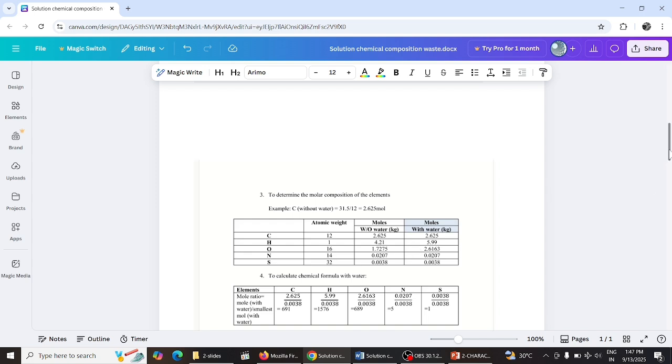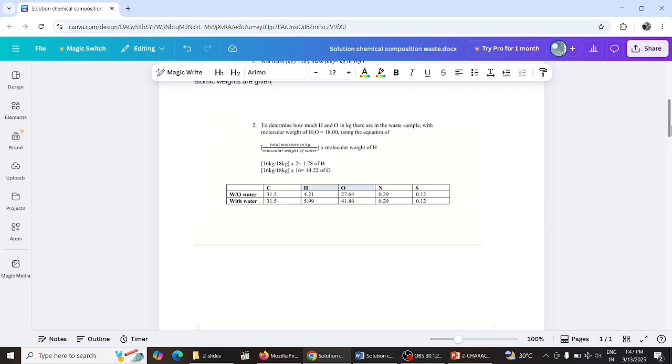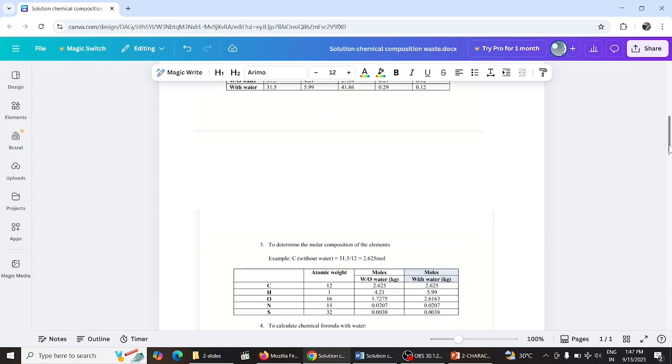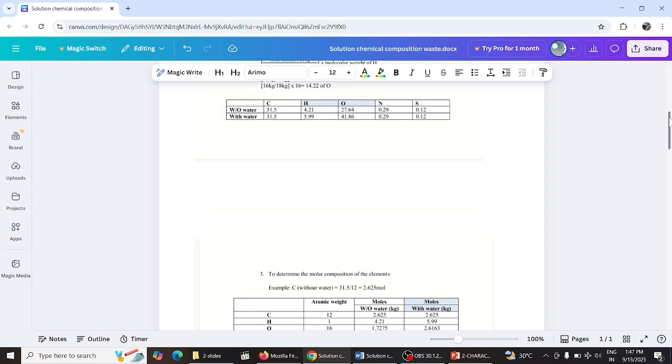Similarly, hydrogen, if you look here, is 4.21 and 5.99. So this is 4.21 upon 1 is 4.21, and this is 5.99. So the moles would be the given weight upon the atomic weight of that respective element. So this is without water and this is with water. So we will be using this table to find out the moles.